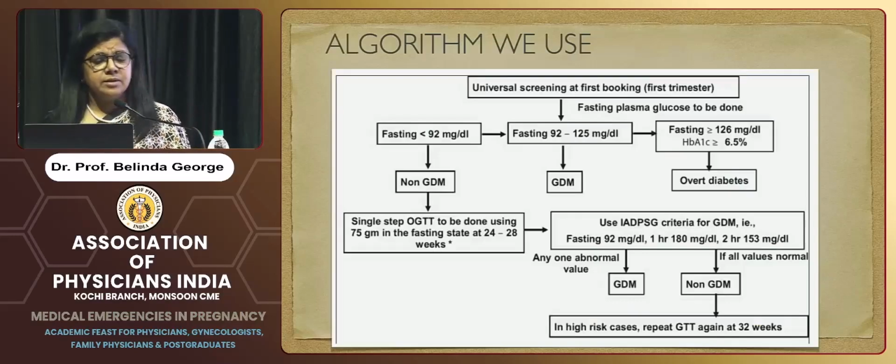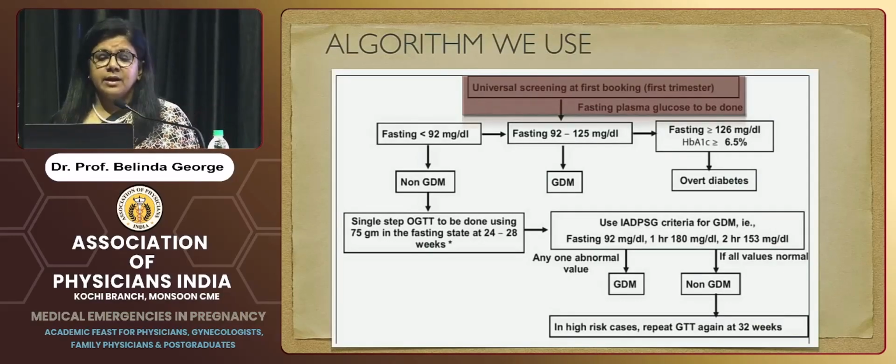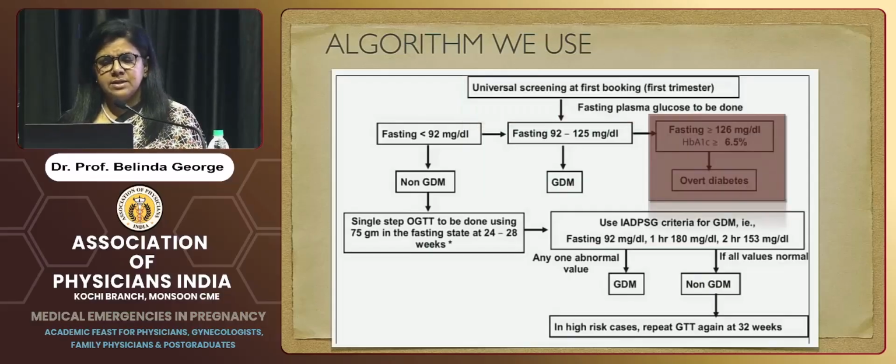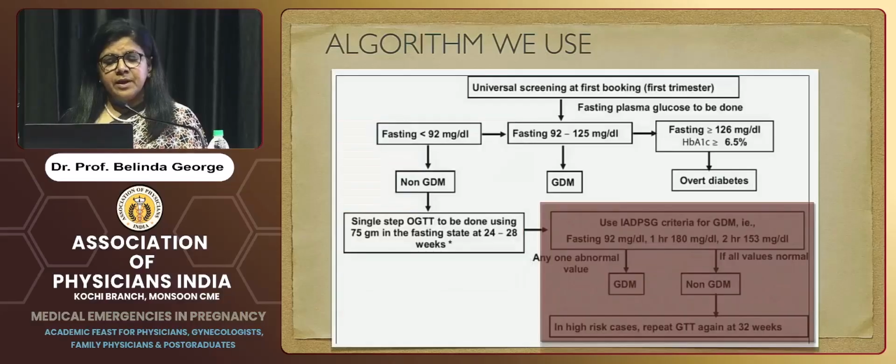This is the algorithm that we currently use. At first visit, we do universal screening, at least FPG and HbA1c, to diagnose overt diabetes or pre-existing diabetes. If this test is normal at that time, then we will re-screen at 24 to 28 weeks using OGTT, and here we use the IADPSG criteria, which is 92, 180 and 153.